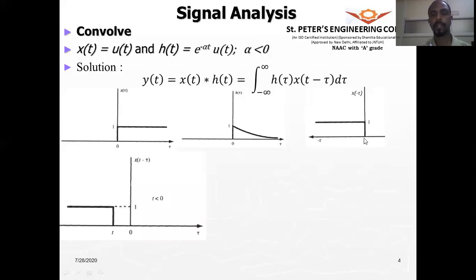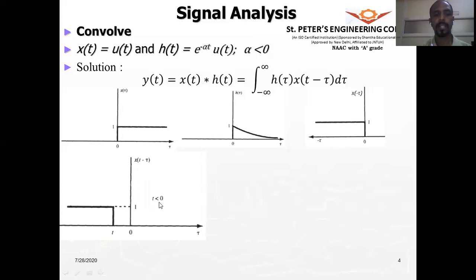X of minus tau starts at 0 and goes on up to minus infinity. Now here, if you see x of t minus tau, that means the signal is shifted by an amount t. So the signal x of minus tau, which was starting at 0, when we shift it to x of t minus tau, will start at t, not at 0.